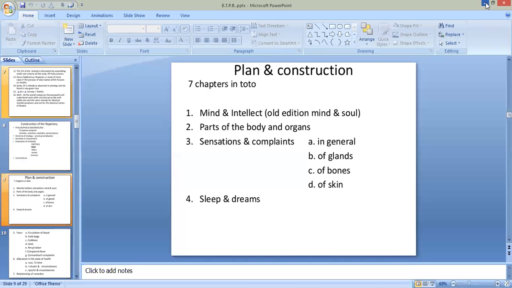Whatever he observed in his practice, he also mentioned in this relationship of remedy section. In this way, this section is very useful.